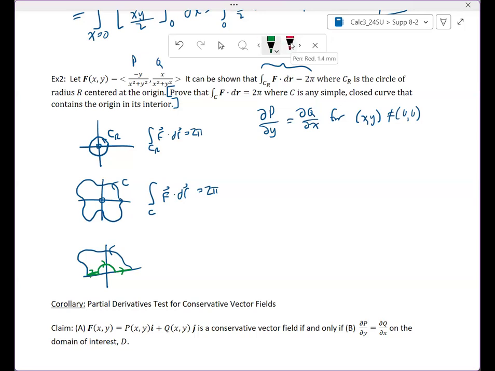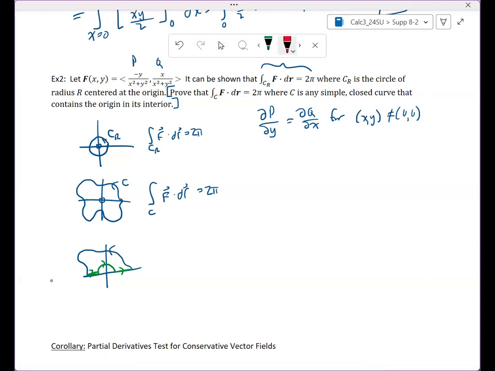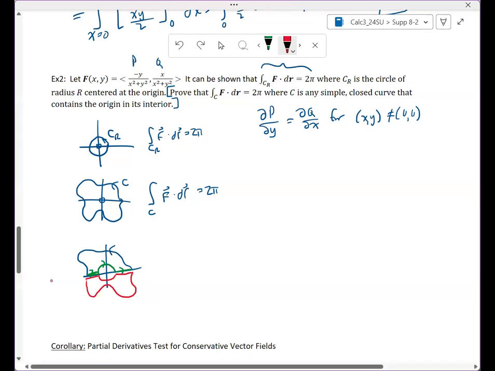So this line segment is going that way. And then for the bottom part of C, I would come down like this, over like that. But now again, when I get to the x-axis, I can make my way in towards CR, around CR, the circle of radius R, and over here. There we go.